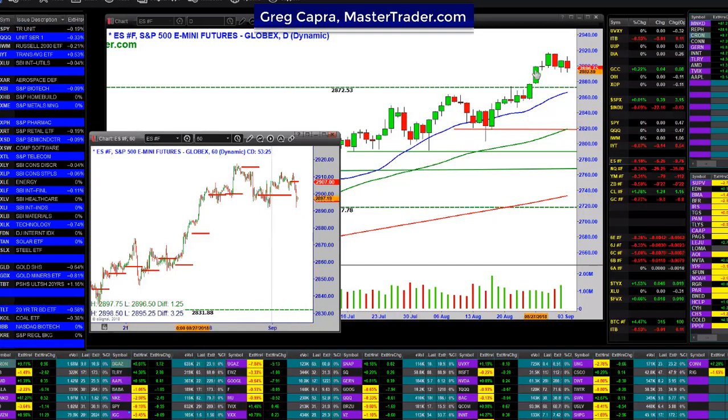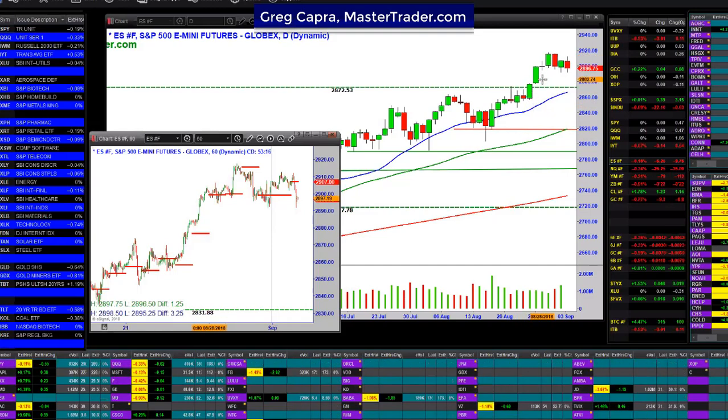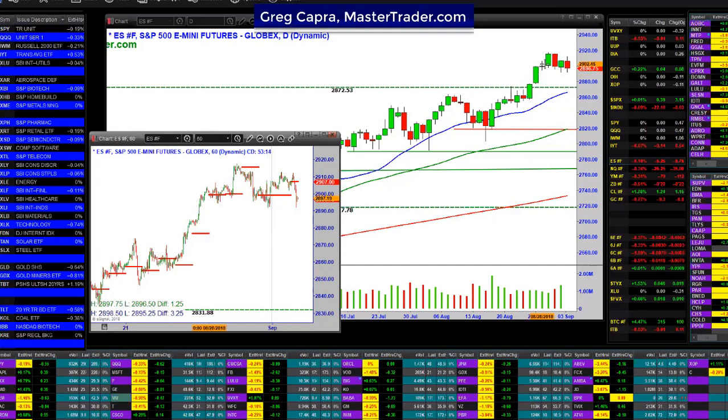So while this displays power and suggests a continuation, one of the things I said last week is that it's the weakest link in the whole move because, yes, it's power. It suggests higher prices, but because of the void, it now has to create new support. And until proven otherwise, that's exactly what's happening here: this new high resulted in a move down and then some chop back up.